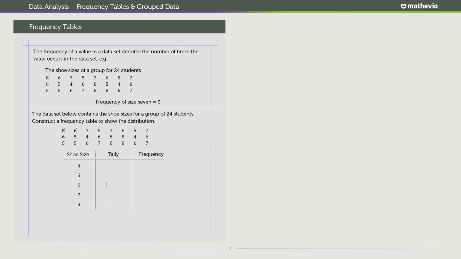Then we keep counting. I think the next one is 7, so at 7 we'll put another dash, and then we'll cross out 7, then 5, we'll put another dash, we'll cross out 5, and we keep doing this till we complete all the numbers in the data set. We just keep putting the dashes for each of the values as you cross the numbers out. Once you've done that, you'd find that you have 4 occurring twice in the data set.